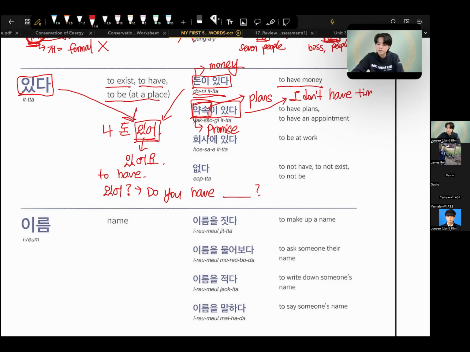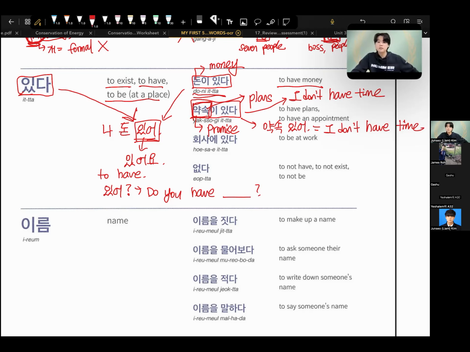Let's say, for example, Gashu asks Yeshi, hey, what are you doing tomorrow? Then Yeshi might say, 약속이 있어. 약속 있어. This means I don't have time. Yeshi might actually not have time because she is meeting somebody else.